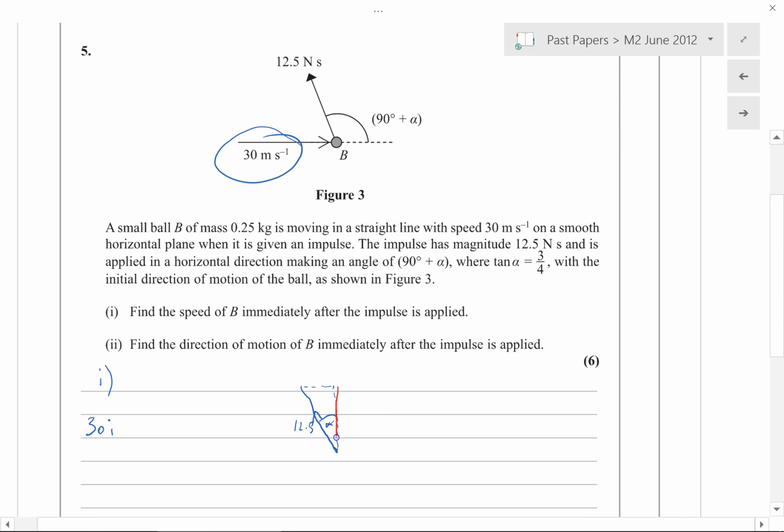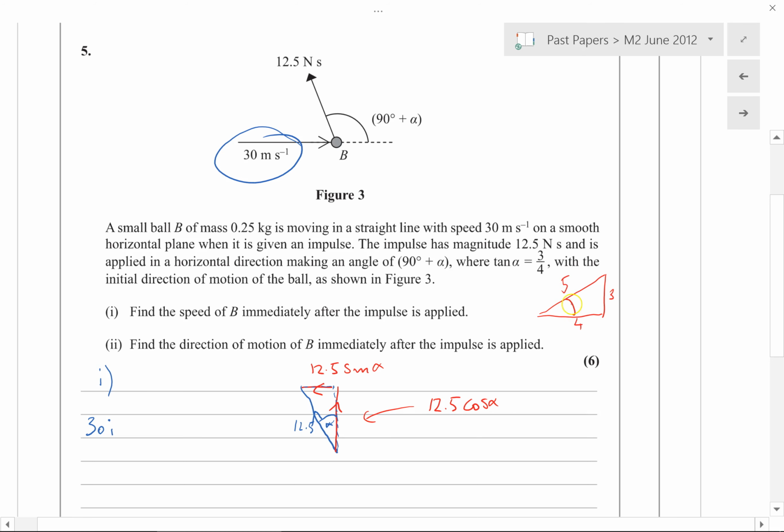There's a component here, the vertical component, which is 12.5 cos alpha, and there's a horizontal component which is 12.5 sine alpha. But we do know what cos and sine alpha are, hopefully, without using a calculator. It's a 3, 4, 5 triangle.